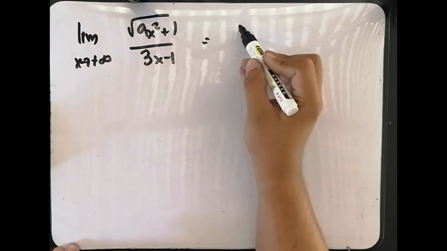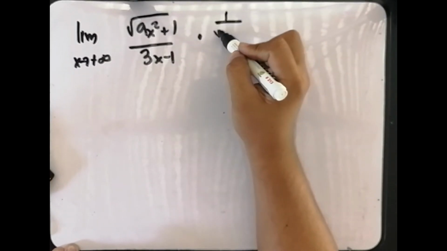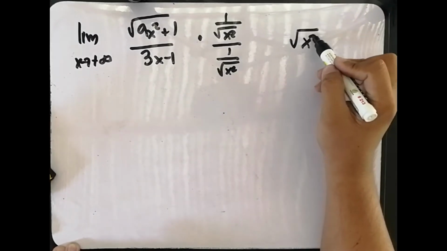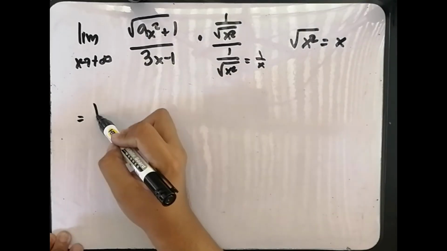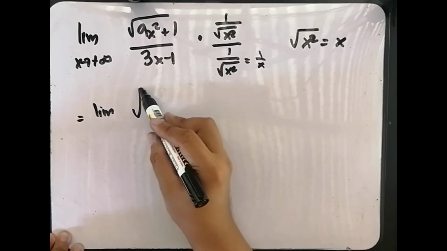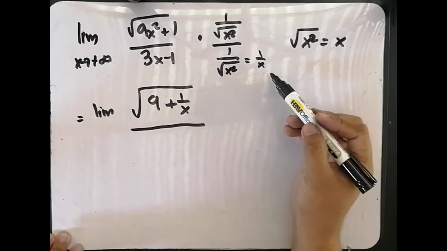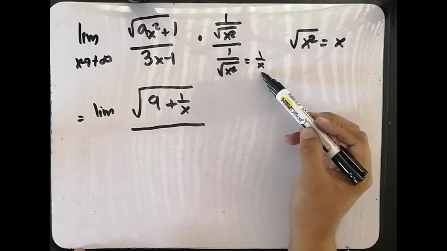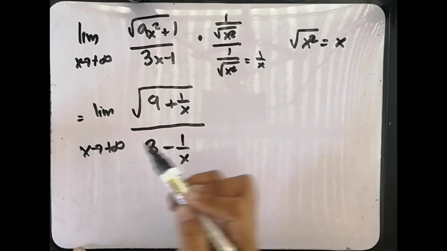Since this is equal to infinity over infinity, which is an indeterminate form, we now multiply 1 over square root of x squared over 1 over square root of x squared. Note that square root of x squared is equal to x because we are approaching positive infinity. So we now have the limit of square root of 9 plus 1 over x squared, divided by 3 minus 1 over x, as x approaches positive infinity.